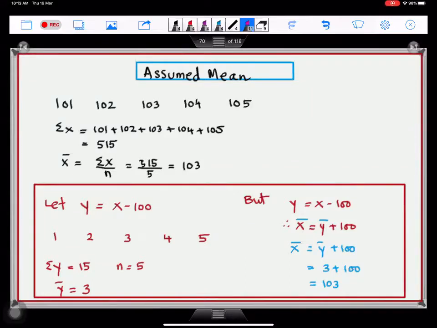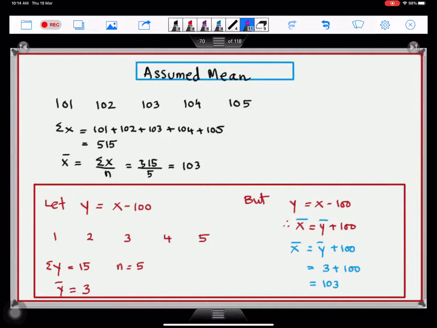For my convenience, for simplicity, for making life easier, what I have done is that I have subtracted 100. So the mean that I got in terms of y bar, I should add back 100 and I'll get the original mean. Why? Because mean is affected by addition and subtraction.